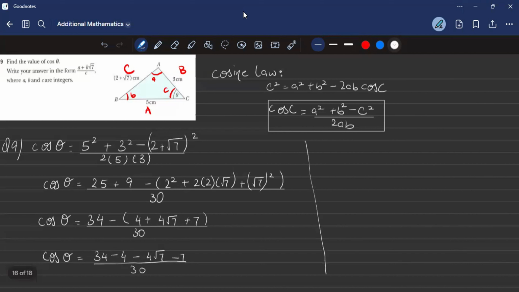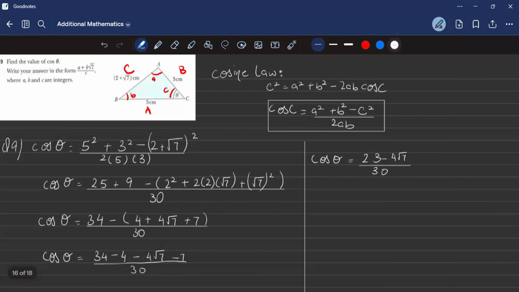Simplify this further. So cos theta is equal to 34 minus 4 minus 7. 34 minus 4 is equal to 30. 30 minus 7 is equal to 23. So 23 minus 4 under root 7, divided by 30 would be your final answer for question number 9.